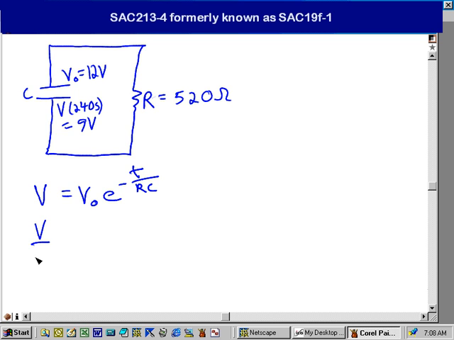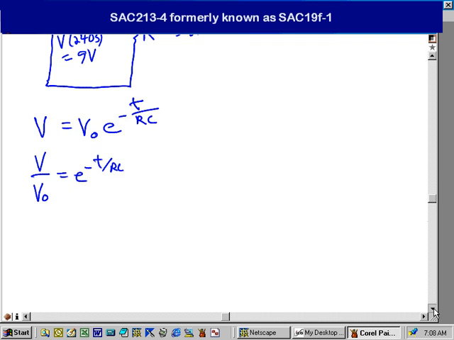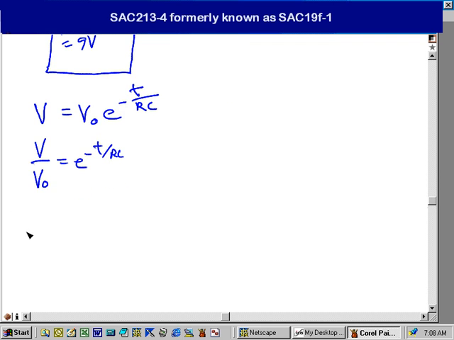I'll divide both sides by V0. And take natural log of both sides.